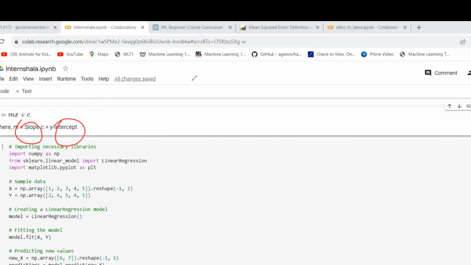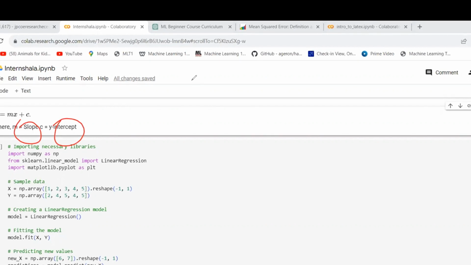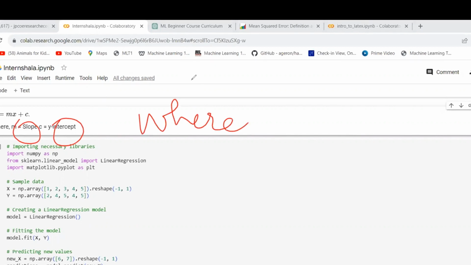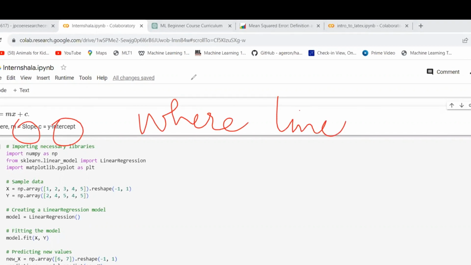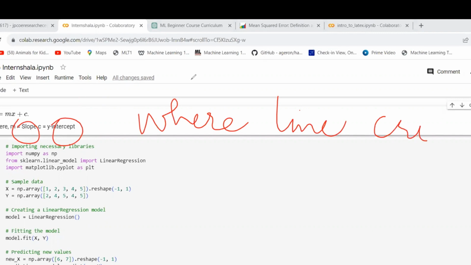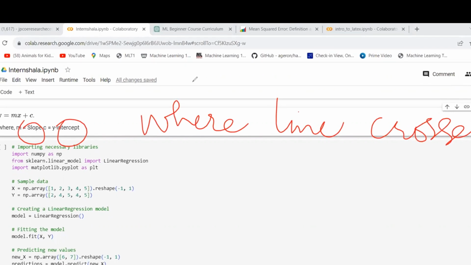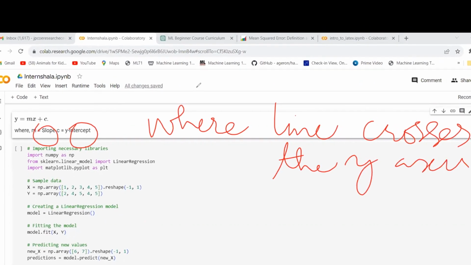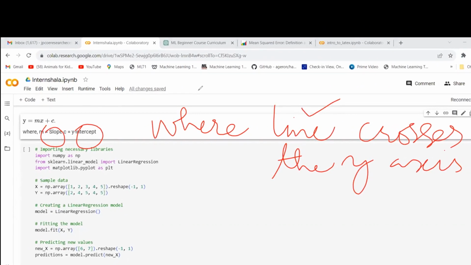I mean, for us, it is in the origin. The intercept means where the line crosses the y-axis. Y here is the line, here is the fitting line.